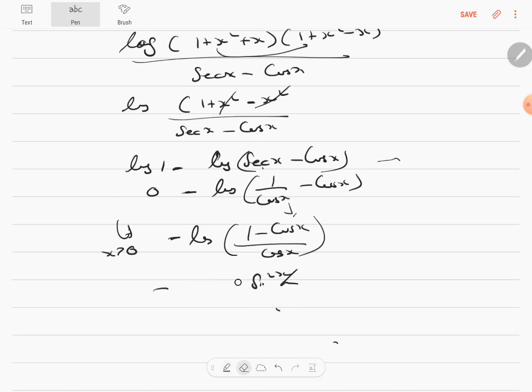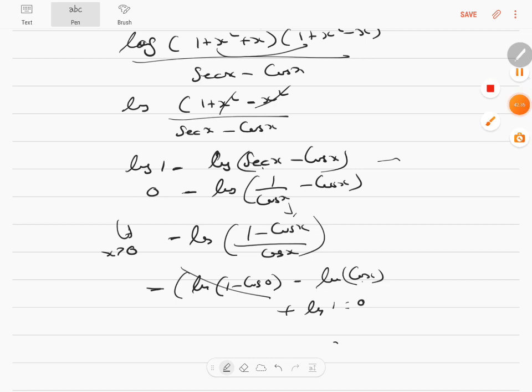So then there's a minus outside, and log of 1 minus cos 0 minus log of cos x, and this gets to 0, and minus of minus is plus, and log of cos 0 is 1, so can I say the answer is 0? Not sure what I'm doing is right.